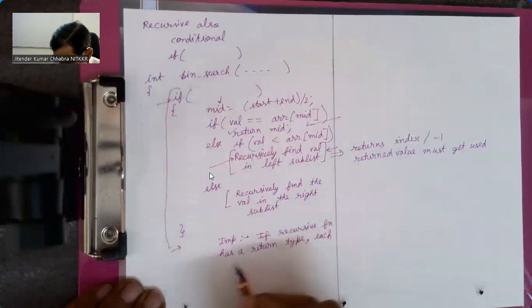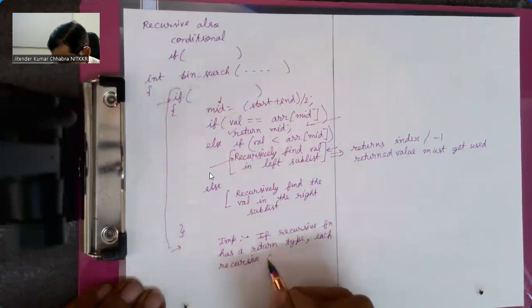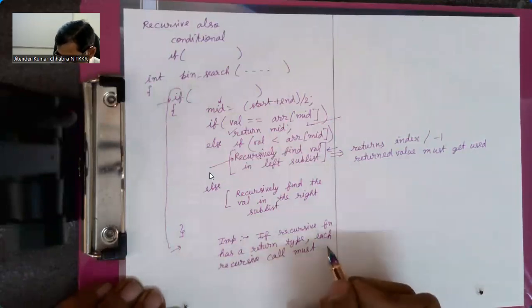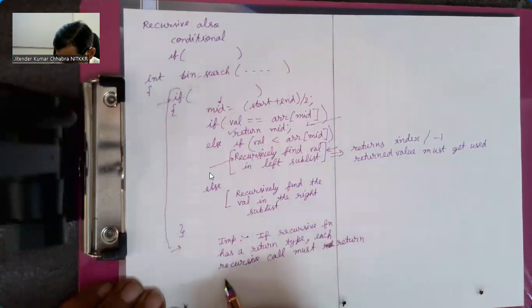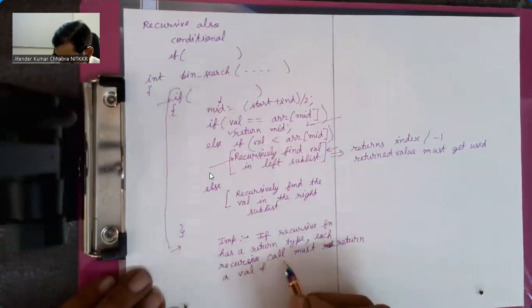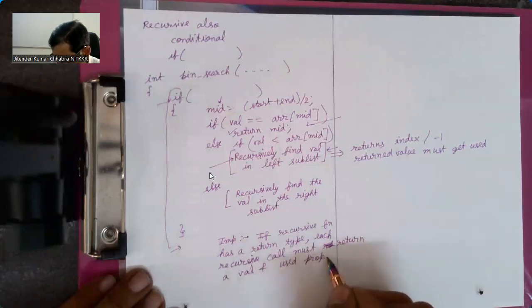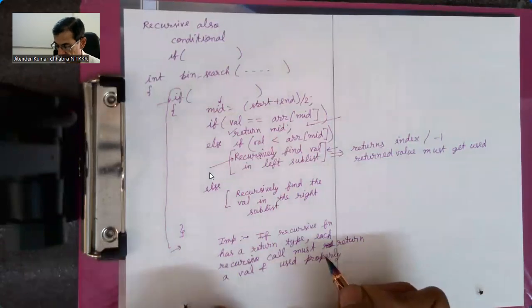Each recursive call must return a return value, and each recursive call's returned value should also be used. What does that mean? I will now explain.